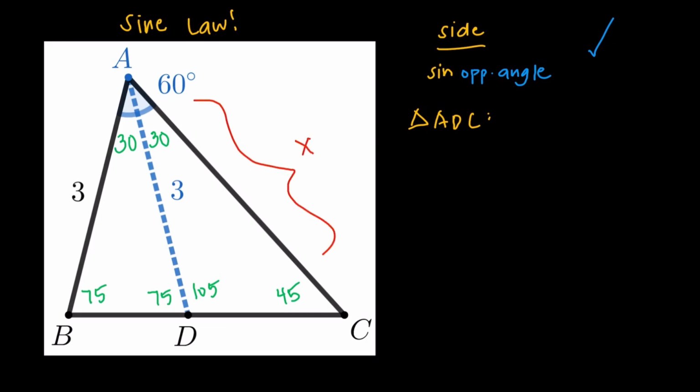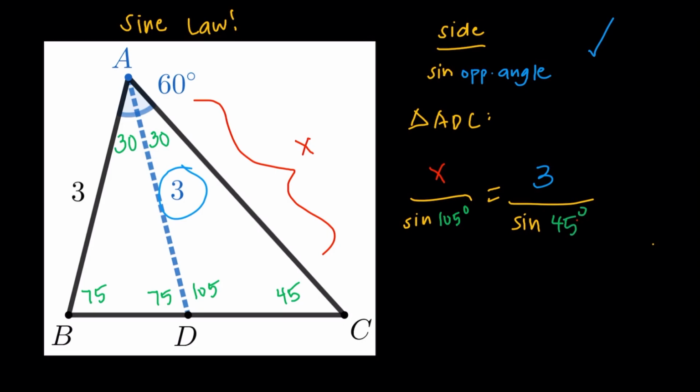Since I want to get X, I should incorporate X into the equation that I will be forming. So let's say the side is X. The angle opposite X is this 105, so sine of the opposite angle, 105 degrees, and that should be equal to, conveniently, we have the 3, so 3 divided by sine of the angle opposite the 3, which is 45 degrees.